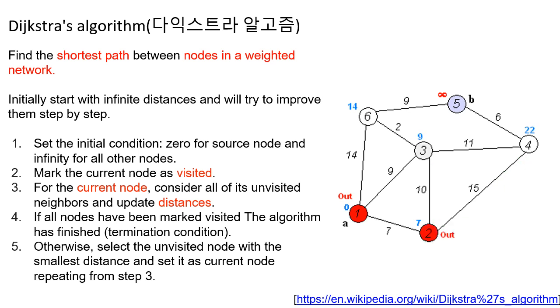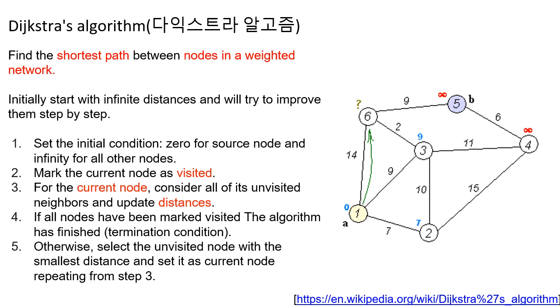And next, here also you check the unvisited neighbors. You repeat this process. For example, this one has been checked. This connection is 14. However, you can reach it in this direction, and the summation is 11.